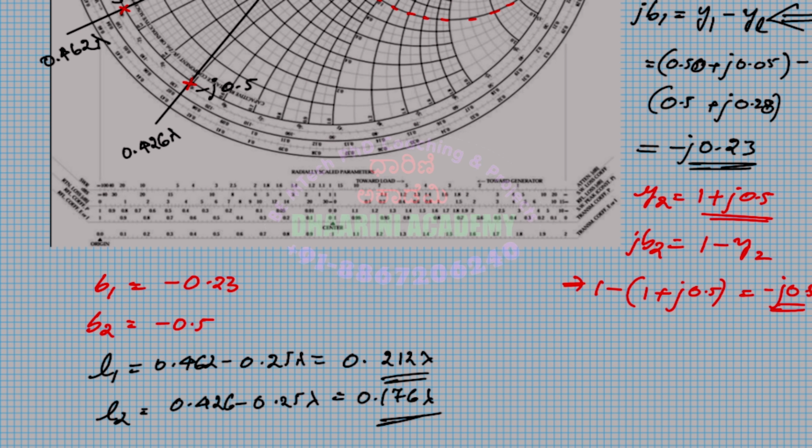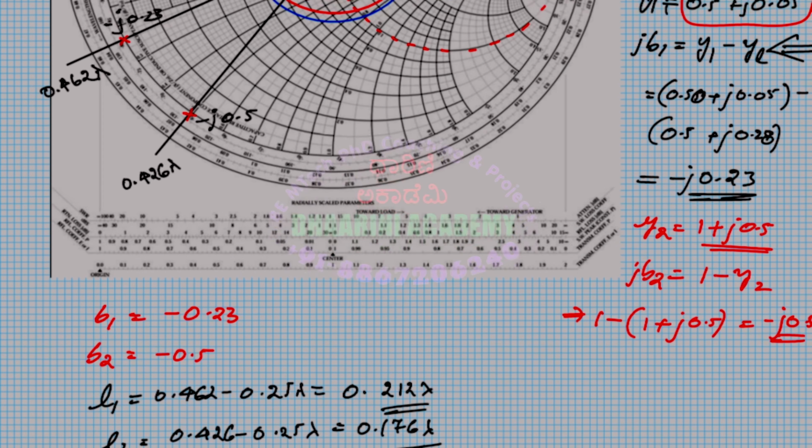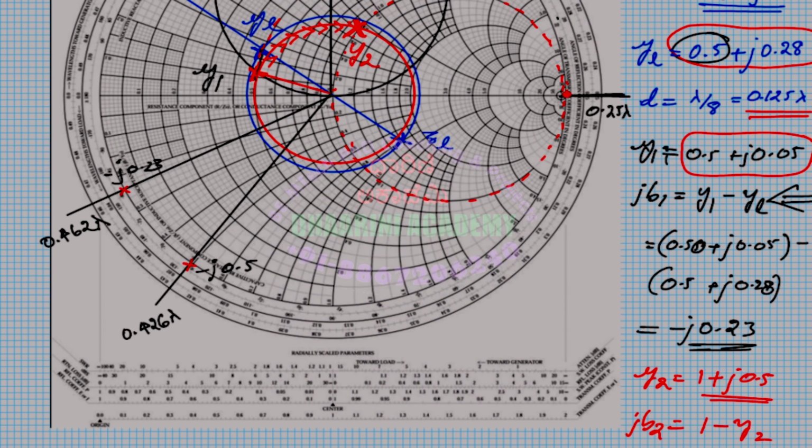So this distance, you are asking about the length of the stub, correct? The stub is always connected at the point where y is equal to infinity, which is here. The point is infinity because I have a short circuit. The stub is short circuit. Short circuit means z is equal to 0. What is y? y is 1 by 0, that's why infinity.